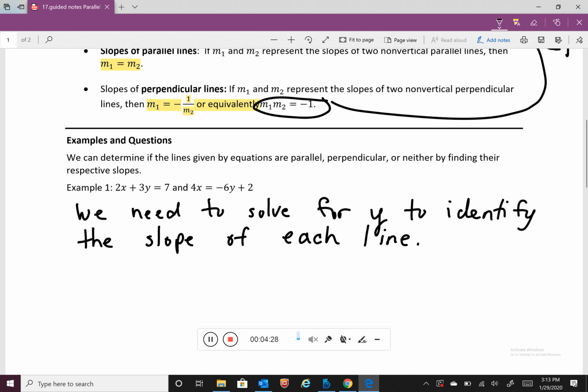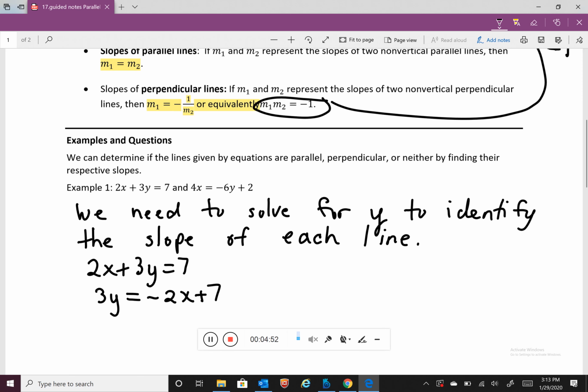So for our first equation, 2x plus 3y equals 7, we need to solve for y, which means the 2x needs to be on the right-hand side of the equation. Since 2x is positive, we're going to subtract it. So 3y is equal to -2x plus 7.